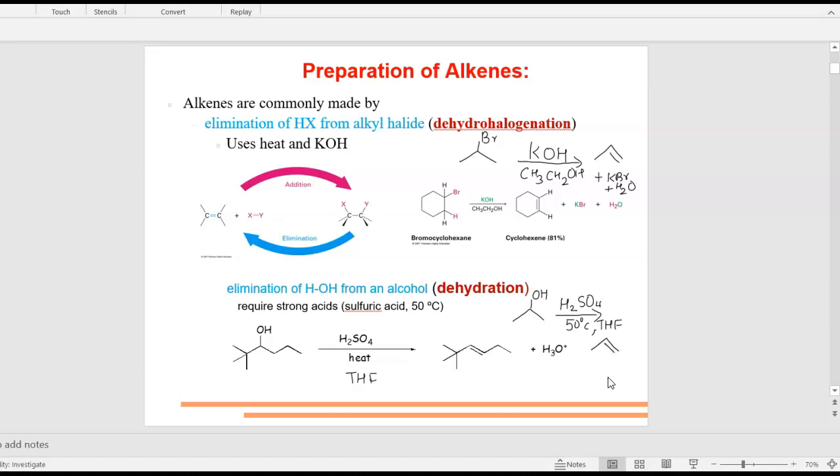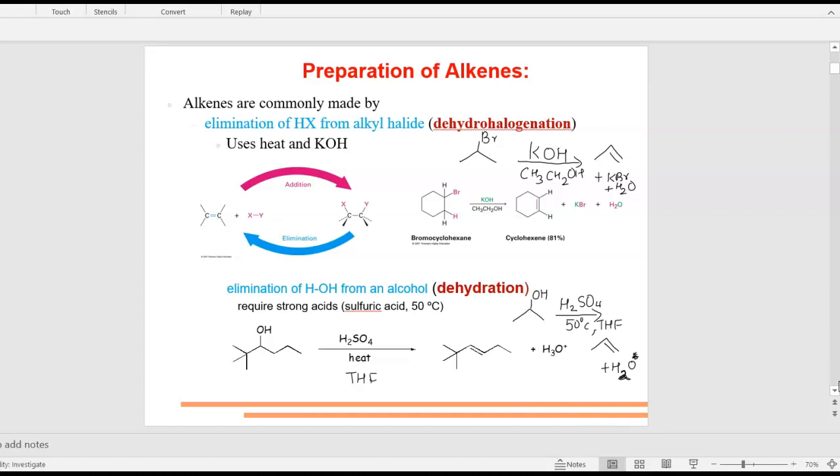So you get an alkene and the side product is H3O plus. This is another good method of preparation of alkenes. Both of these methods are given in your textbook, so please review those.